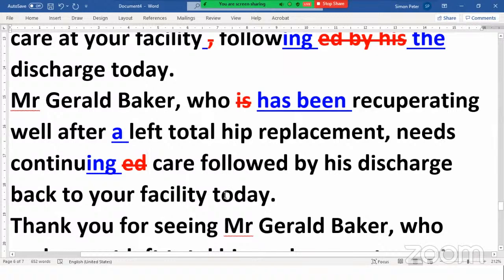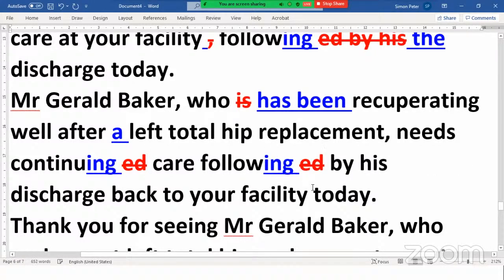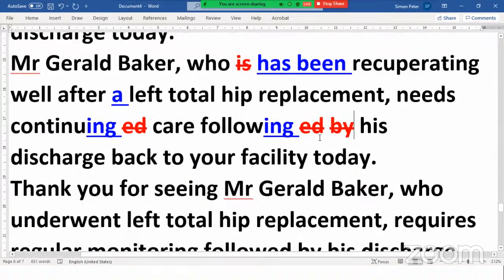And that is followed by discharge? No. So there is a problem you have lost here. Following his discharge back to your facility today. When you say followed by his discharge, it means continuing care is before and discharge is after. So you're messed up.